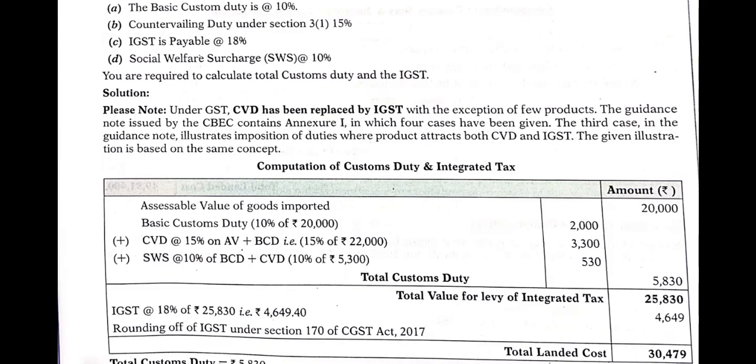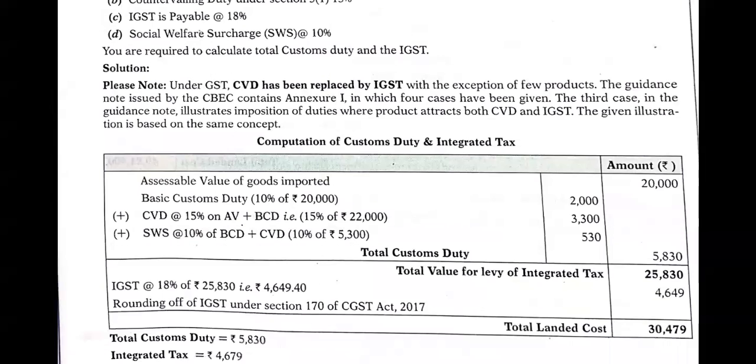Now we need to do the total: 25,830 rupees total value before levy of integrated tax, add IGST, that is 4,649 rupees. So the total landed cost of this particular assessable value is 30,479 rupees.